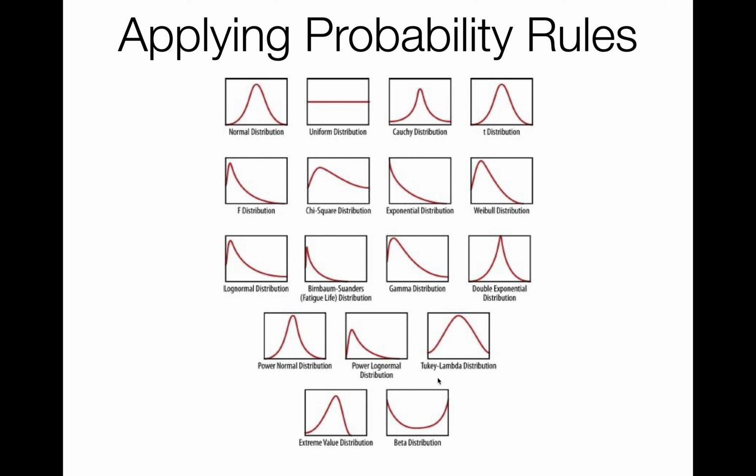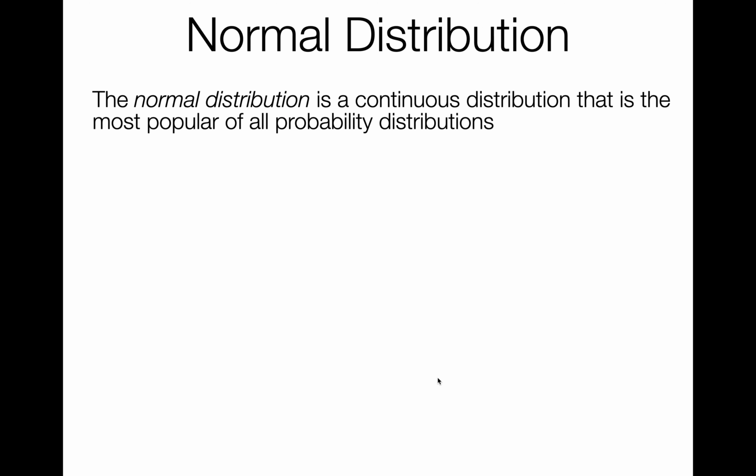Here is a non-exhaustive but lengthy list of different probability distributions, which are what those models are called, that approximate different realities. So this is where I'll stop. And next time, we'll start talking about the special probability model that we'll focus on, which is called the normal distribution.